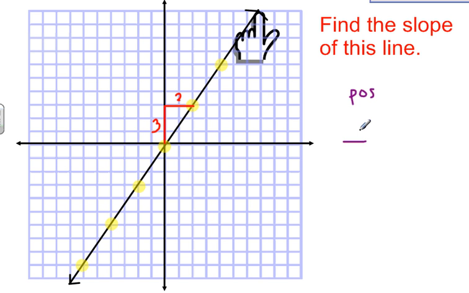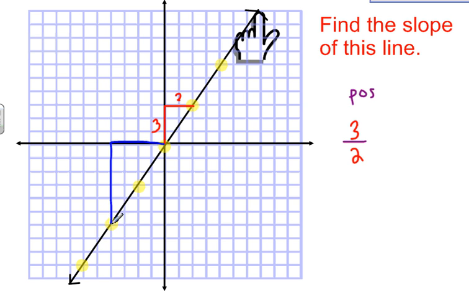Remember that slope is rise over run. Which of these numbers is a rise? 3. Which of these numbers is the run? 2. Now what if I hadn't picked those points? What if I had decided I wanted to use this point and this point?